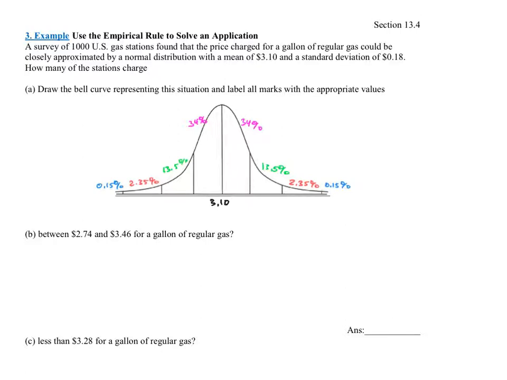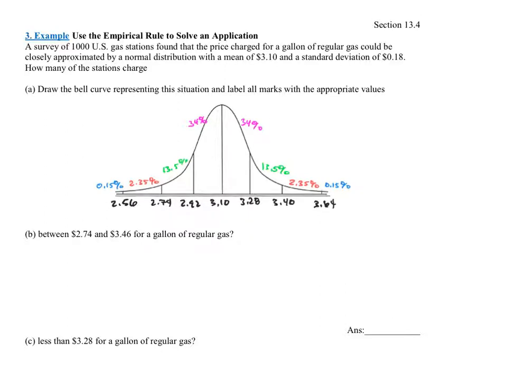I get $3.28 for the next one, $3.46 for the next one, and $3.64 for the last one on the right. Let's do 3.10 minus 18 cents every single time. I'm getting $2.92. Subtract 18 again, I'm getting $2.74. Subtract 18 again, I'm getting $2.56.